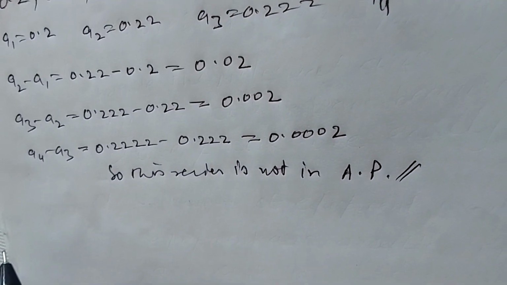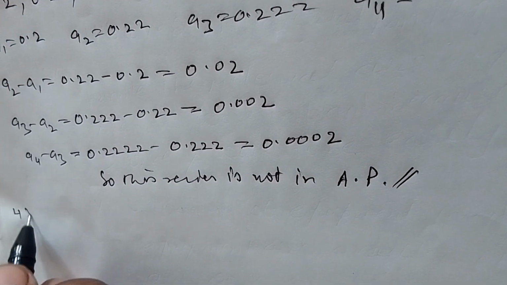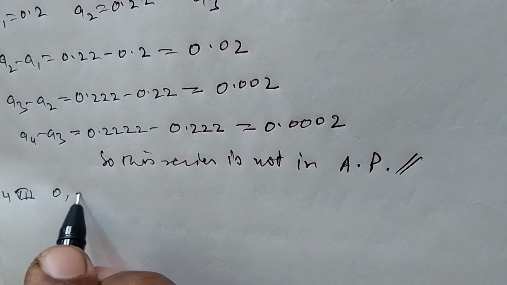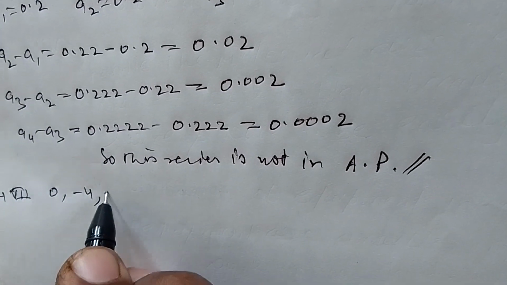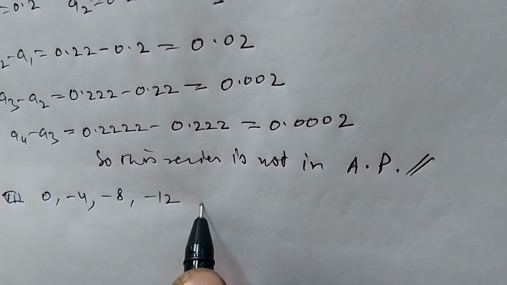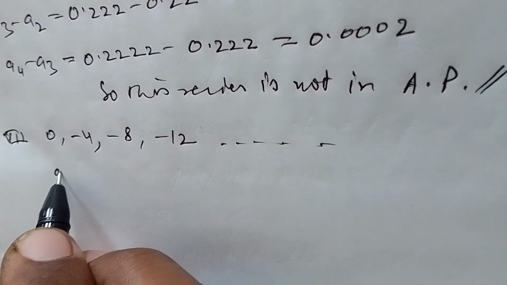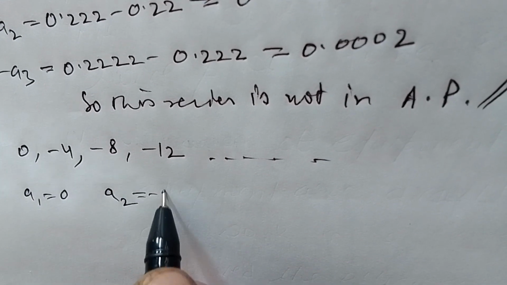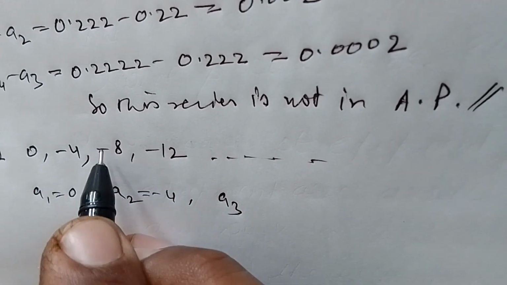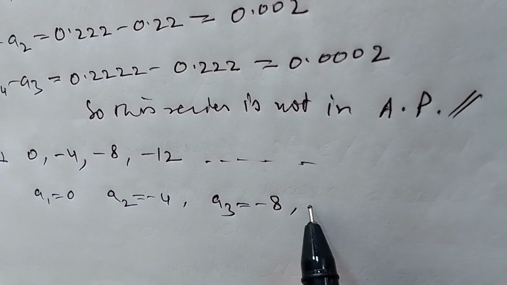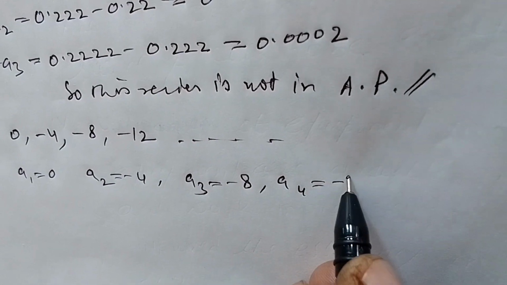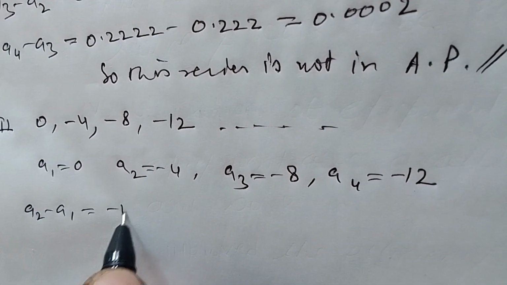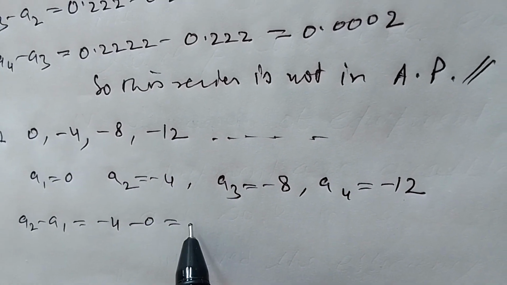Now the seventh part of the fourth question, that is 0, minus 4, minus 8, minus 12, and so on. Here first term A1 is 0, A2 is minus 4, A3 is minus 8, A4 is minus 12. So A2 minus A1, that is minus 4 minus 0, comes out to be minus 4.